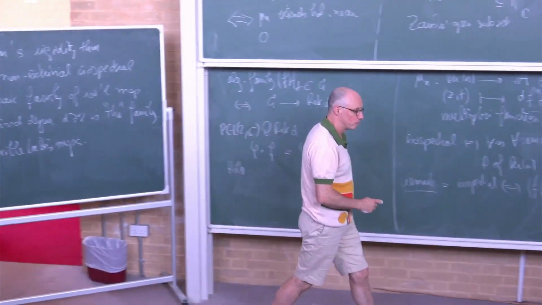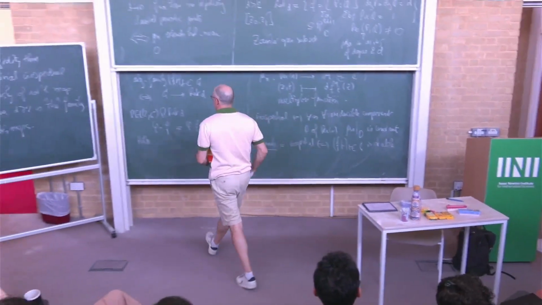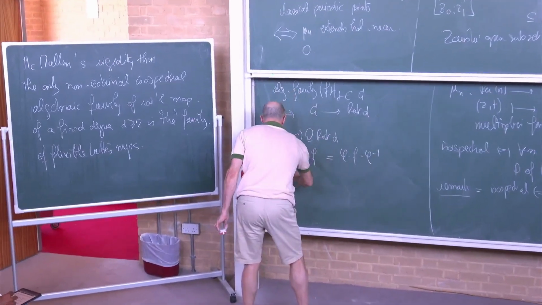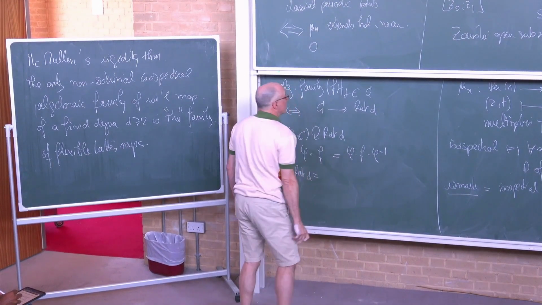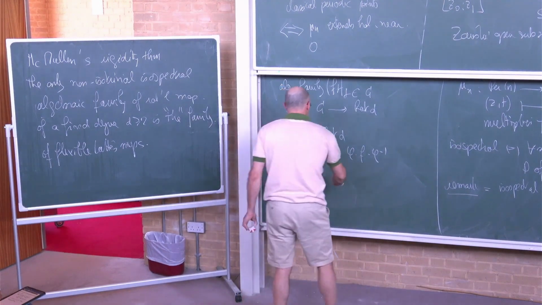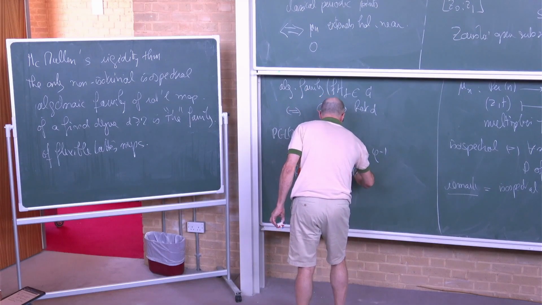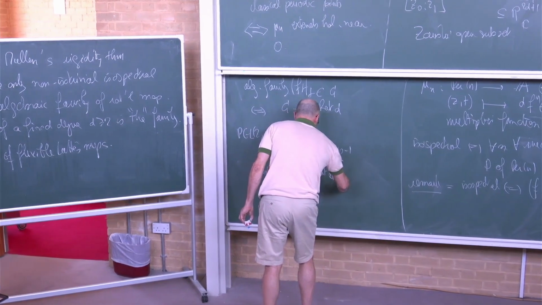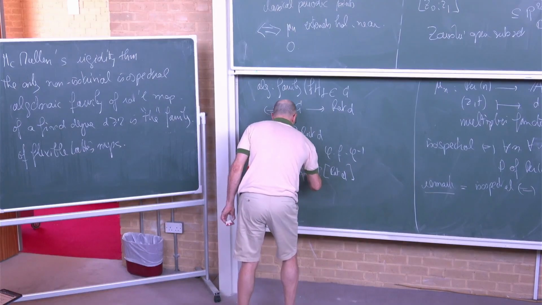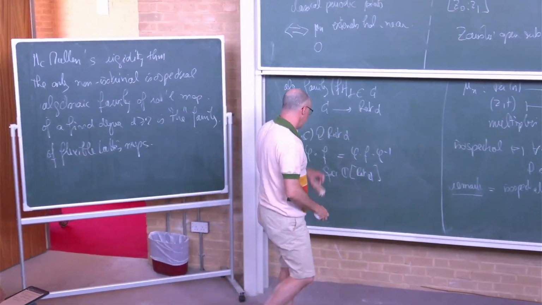Okay, so Rat_D, being a Zariski open set, is determined by its ring of regular functions. It's the spectrum of the ring of regular functions.